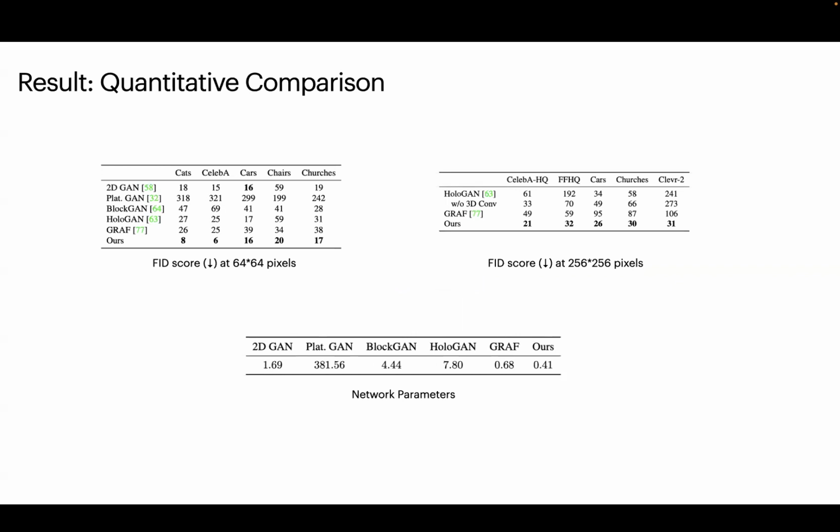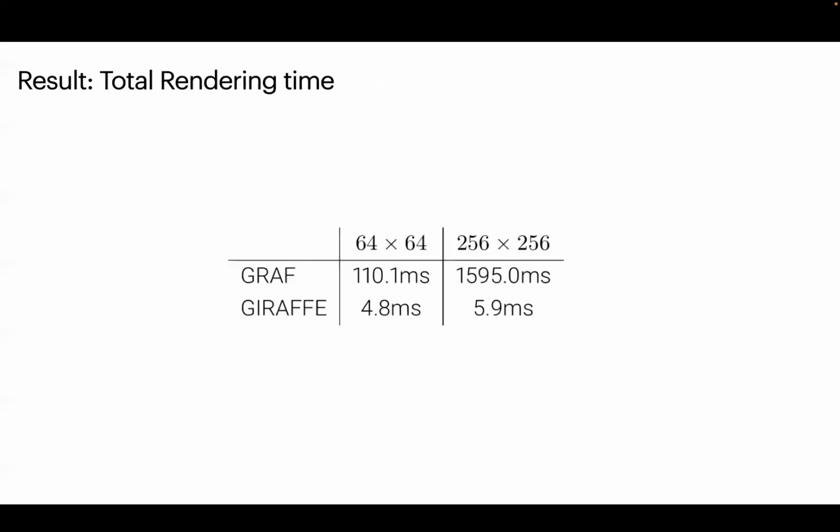We can see they have pretty good scores in both 64 by 64 pixels and also 256 by 256. And their network parameters were actually much lower than what other GANs need. So this quantitative comparison really shows the superiority of this method.